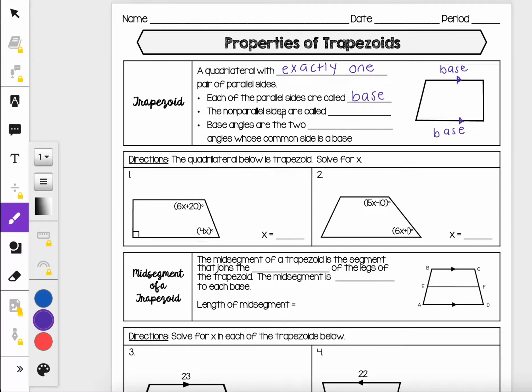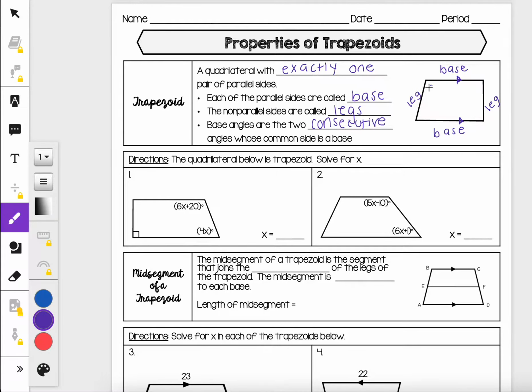Okay. The two non-parallel sides are called legs. So this is the first leg and that is the second leg. And then we have base angles. So our base angles are going to be two consecutive angles whose common side is the base.